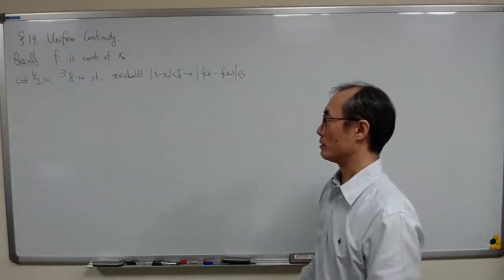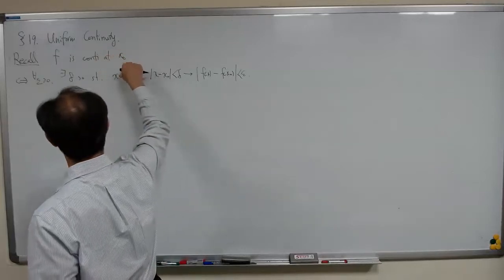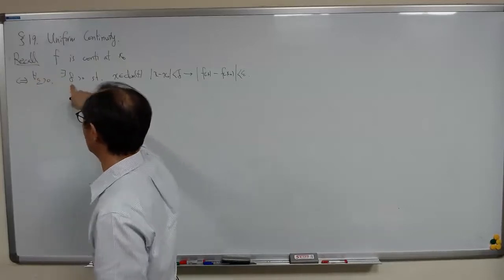So for a specific point x naught, for any epsilon, you should have the corresponding delta.